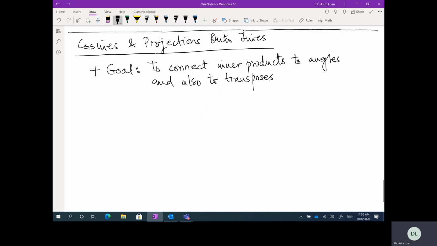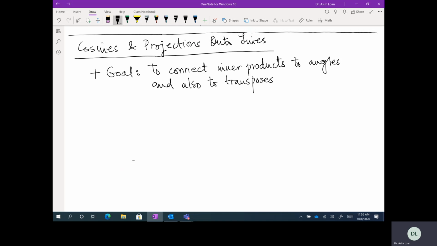So let me draw a picture first. We'll come back to this picture during this lecture and maybe later on. So this is some line. Let's call this vector A. This is some vector b. And this is its projection onto the line. Right? This we say is the angle theta.